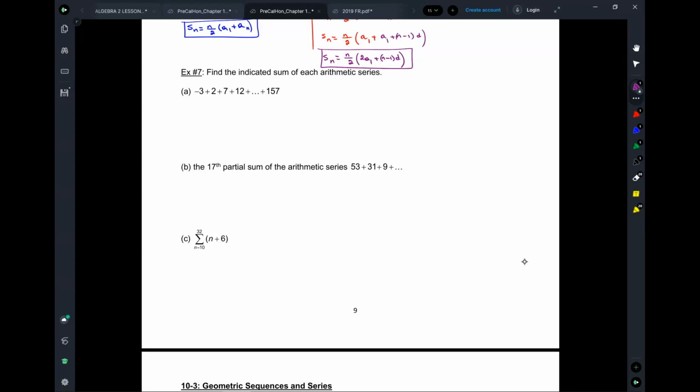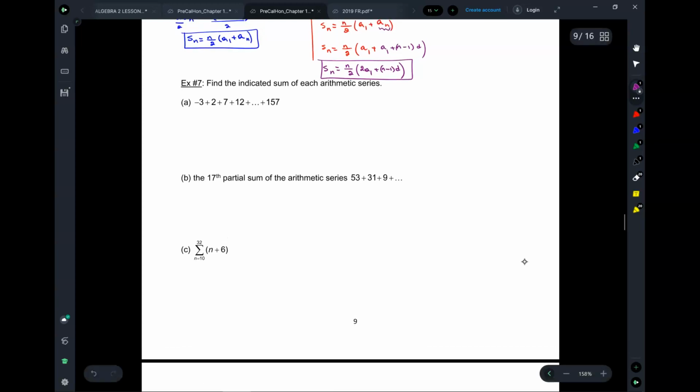So if I have a1 and I have an, then the formula I'm going to use is S sub n equals n over 2 times a1 plus an. But for that I need n, and I don't know what n is. So let's find n first. an is equal to a1 plus n minus 1 times d.